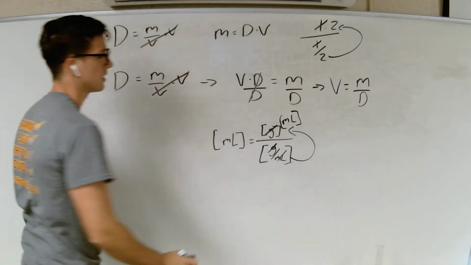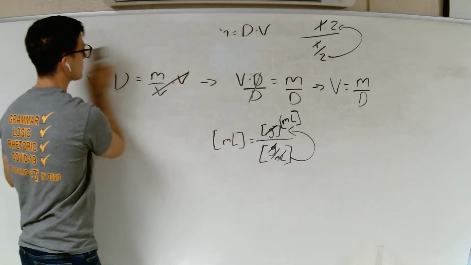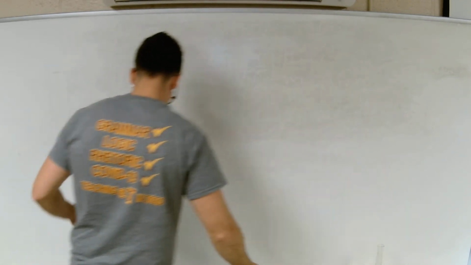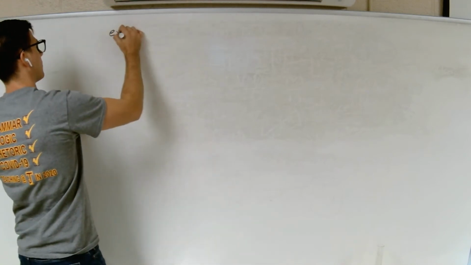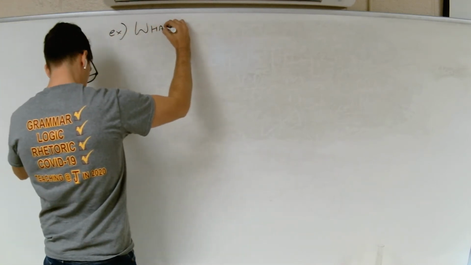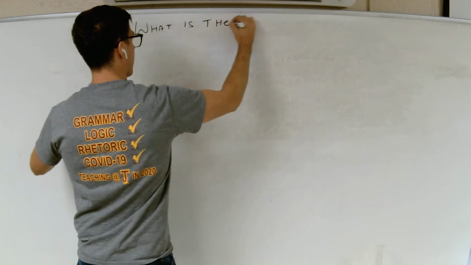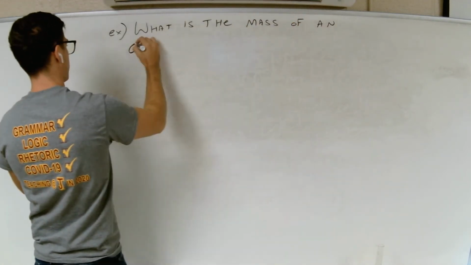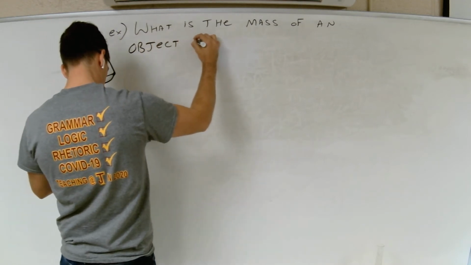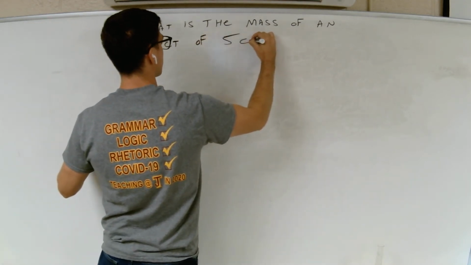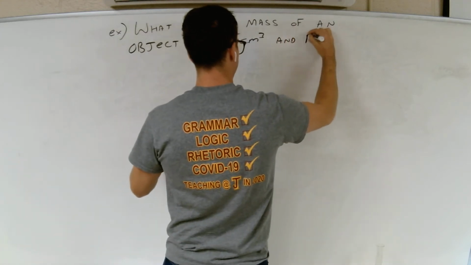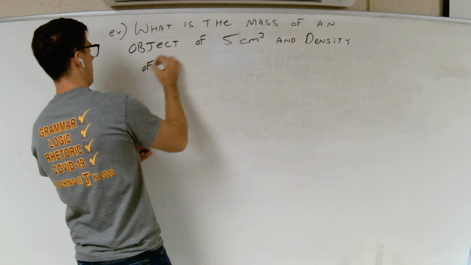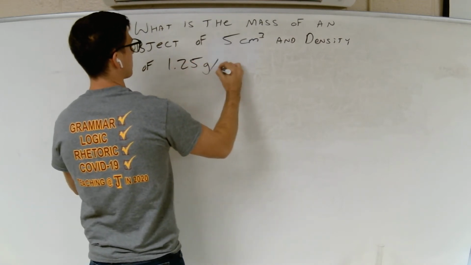Let's go ahead, let's do some examples. I've got 4 for you right here, okay? Example: What is the mass of an object of volume 5 centimeters cubed and density of 1.25 grams per centimeter cubed?